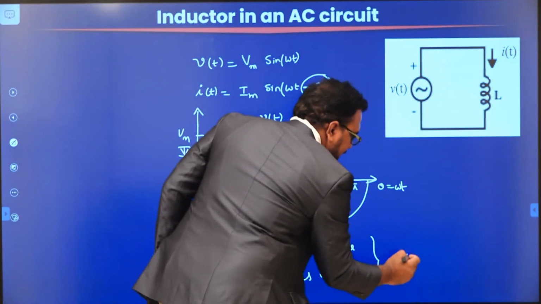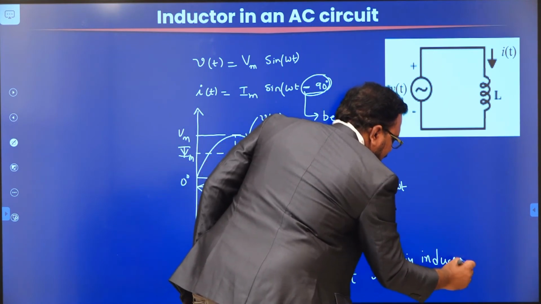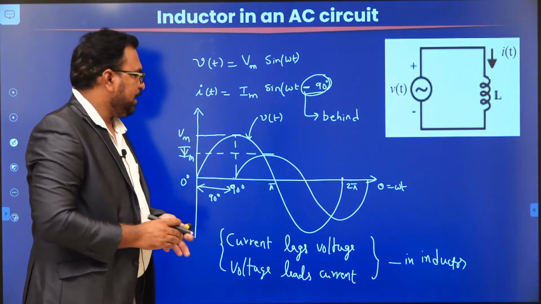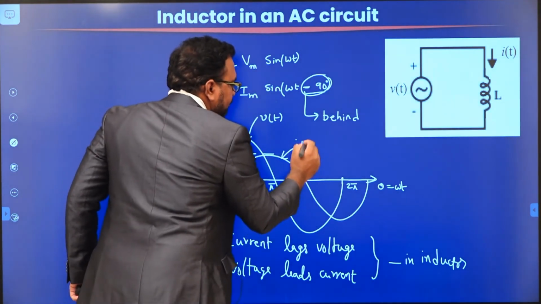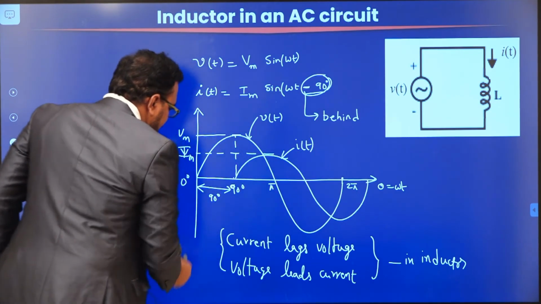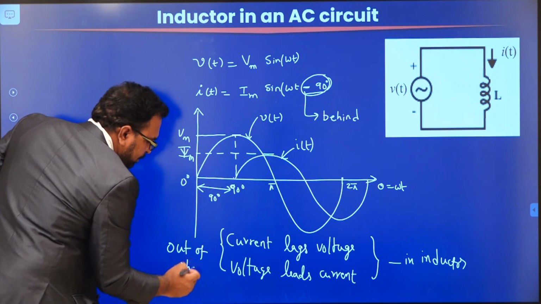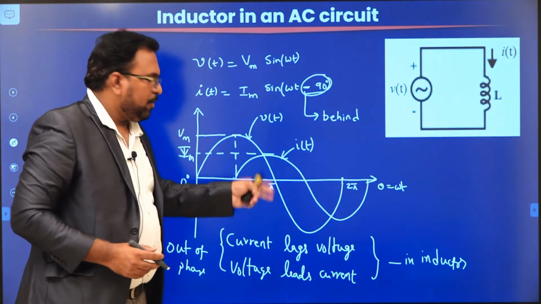So this is in case of inductor only. Now what is the phase difference here? 90 degrees lagging. Please keep that in mind. Current and voltage waveforms are out of phase. So by means of this we can say that both current and voltage are out of phase. So that's how you are going to represent the waveform.